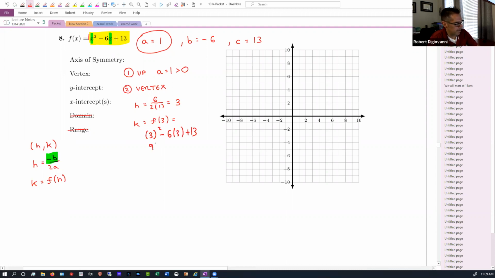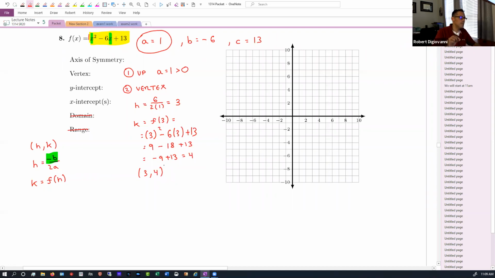So square 3, we get 9 minus 18 plus 13, and that should give us negative 9 plus 13. We should just get 4 here. So that means that the vertex as a point is the point 3, 4.